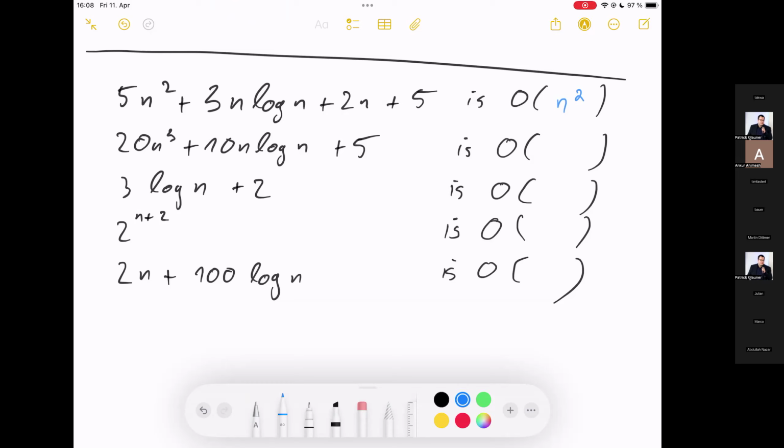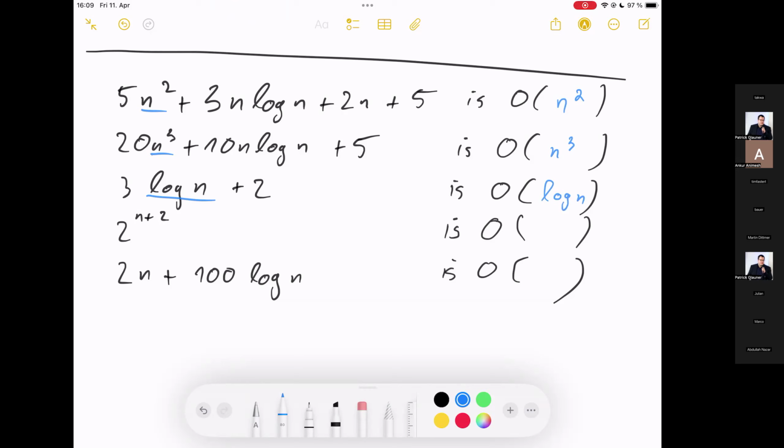Then the next one. One student suggests it's n cubed, and that's correct because this is the largest term and the constant gets ignored. The next one is 3 log n plus 2. It's O of log n. And it's very important in this course that you always write O of something.